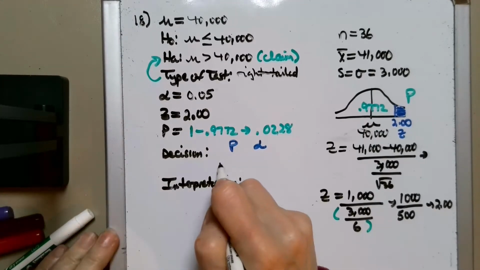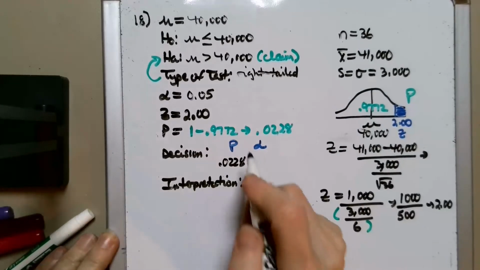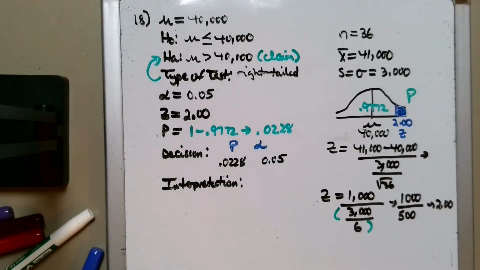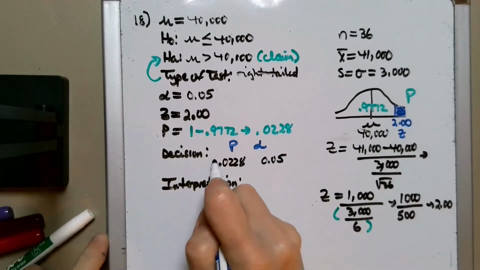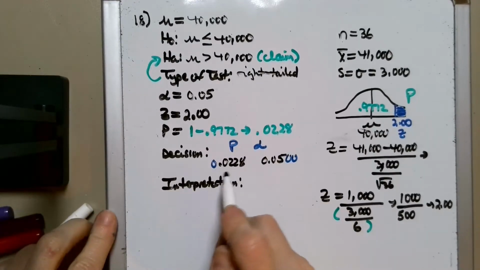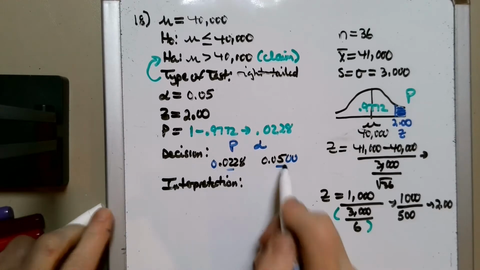So p was 0.0228, which I just found from my right-tailed test. Alpha was given at 0.05. So it's helpful to add the same number of decimal places. So I'm going to put a 0 in front of P, 2 zeros on the end of alpha. Going left to right, the ones place is the same, the tenths is the same, the hundredths is different.